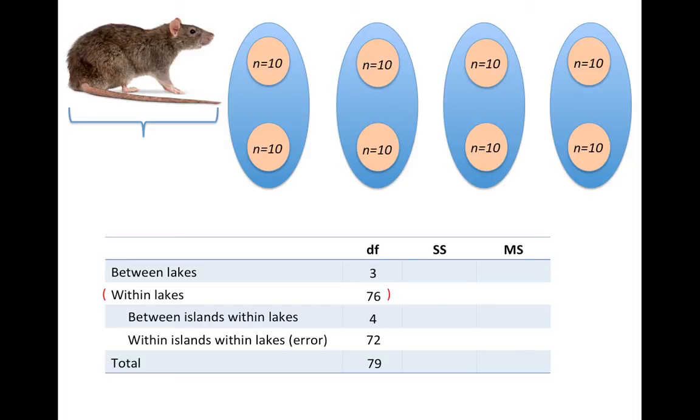Also, if you have the degrees of freedom and some variance, that is, mean square, for example the total variance, you can get the sum of squares by multiplying the mean square with the degrees of freedom. And the mean square within islands, within lakes, that is the same as the pooled variance. So if you have some sum of squares, by subtracting, you can get the others.